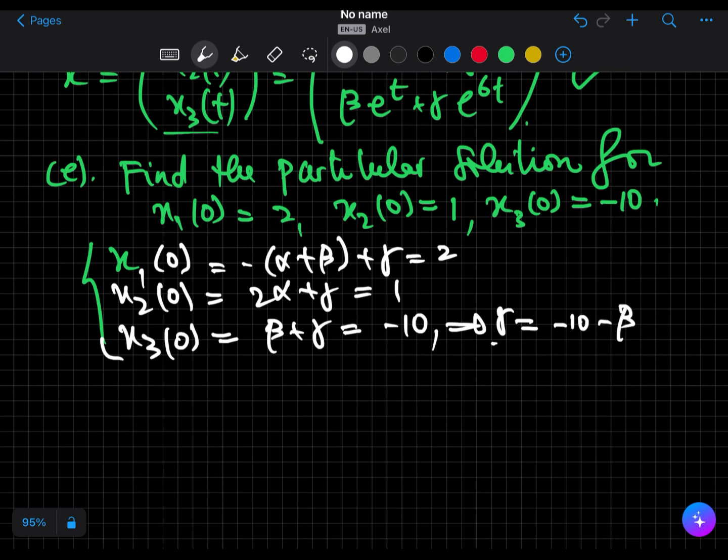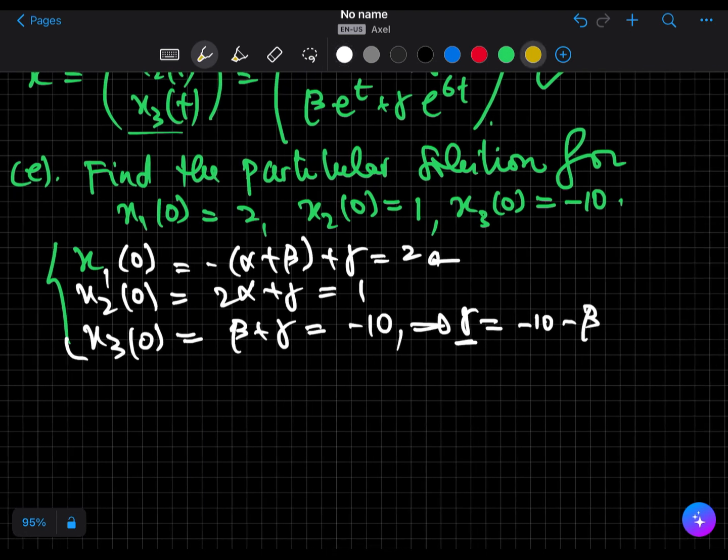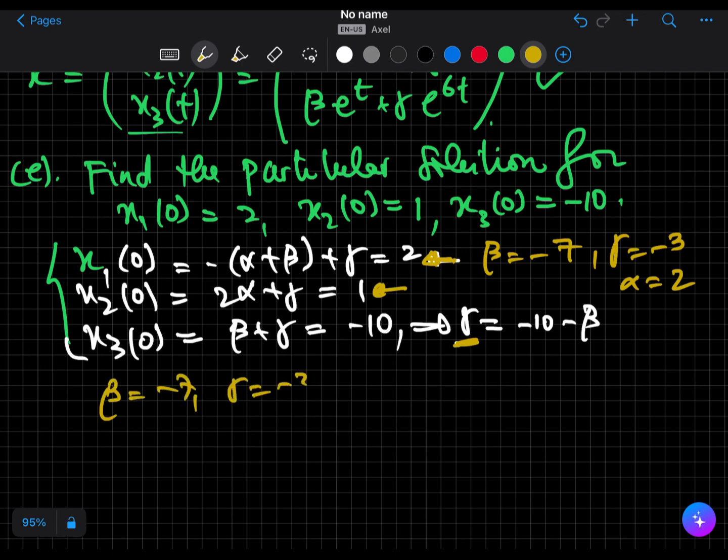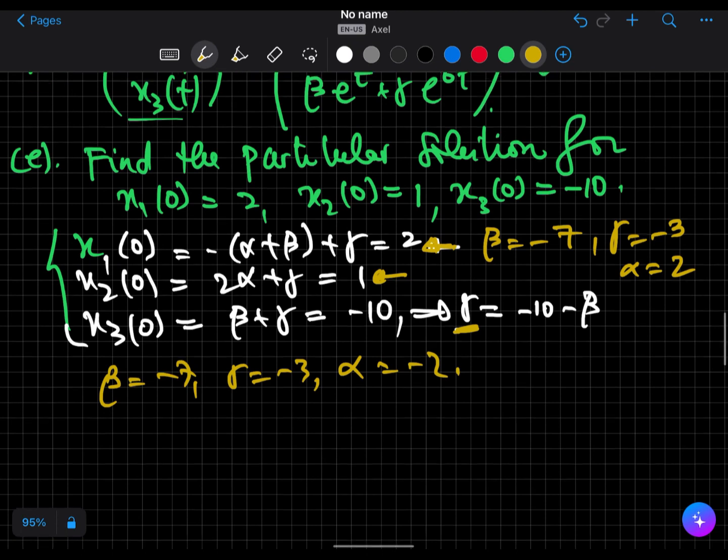I substitute this gamma into the first equation and into the second equation, and I solve both equations. So beta is minus 7, gamma is minus 3, and alpha is minus 2.